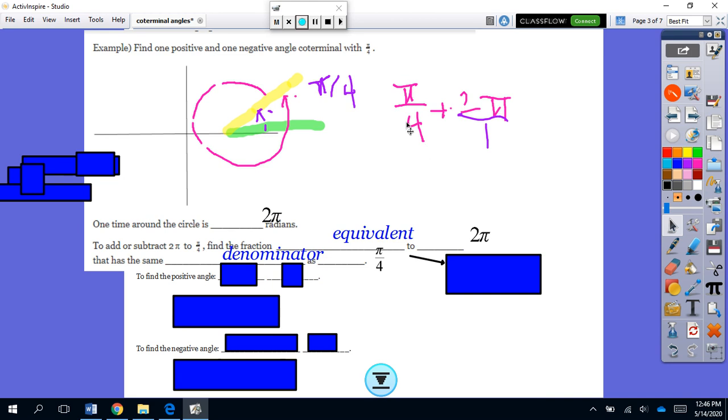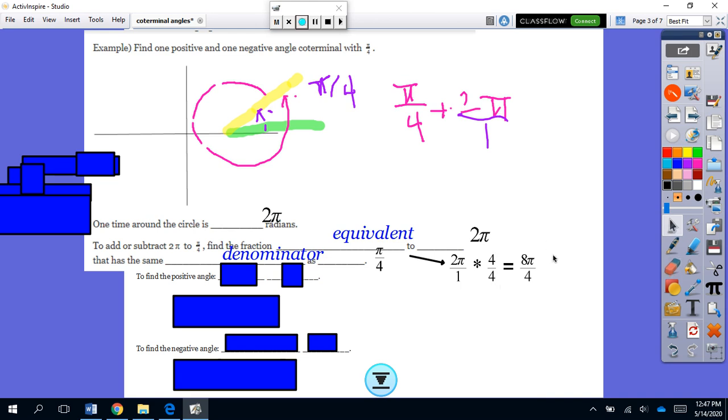In the unit circle, we sometimes have a denominator of 3, sometimes 4, sometimes 6 for our radian angles. For pi over 4, I'm just going to multiply by 4 over 4 and I'd get 8 pi over 4. If it was 6, I would multiply by 6 over 6. If it was 3, I'd multiply by 3 over 3.